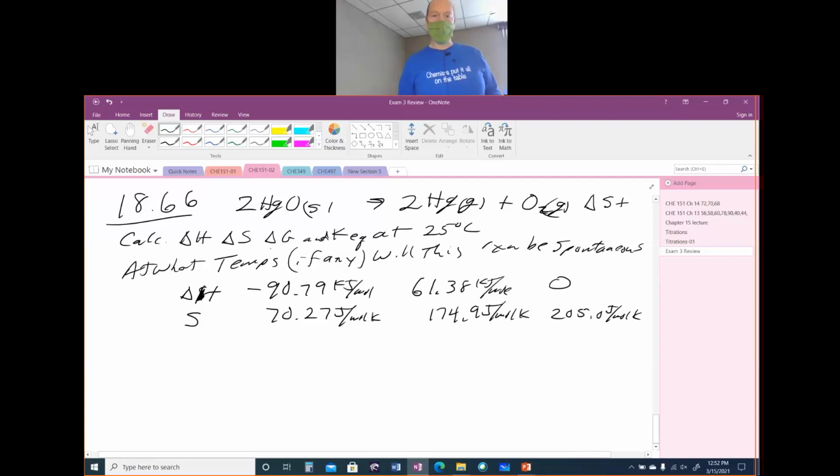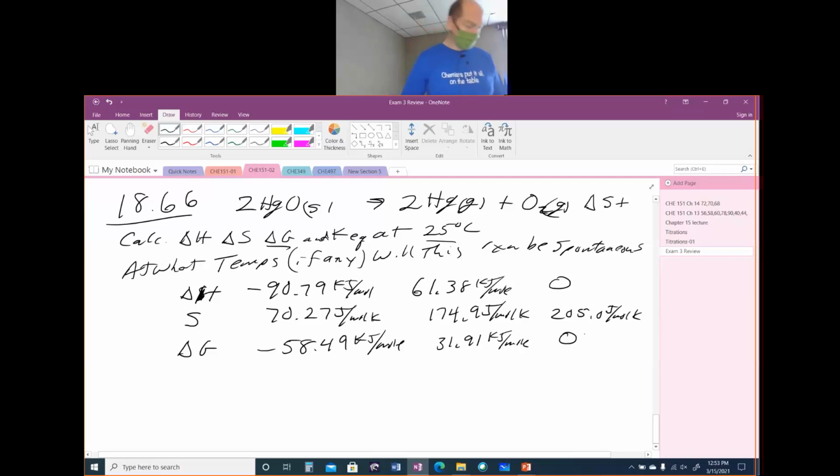And we need delta G at 25, so let's go ahead and get the delta G. You can find it by using your delta H and your delta S in the equation. Since we're at 25, we can just do products minus reactants. So I looked up the delta G values, negative 58.49 kilojoules per mole, 31.91 kilojoules per mole. And just like your delta H, delta G for elements in their natural state will be 0.